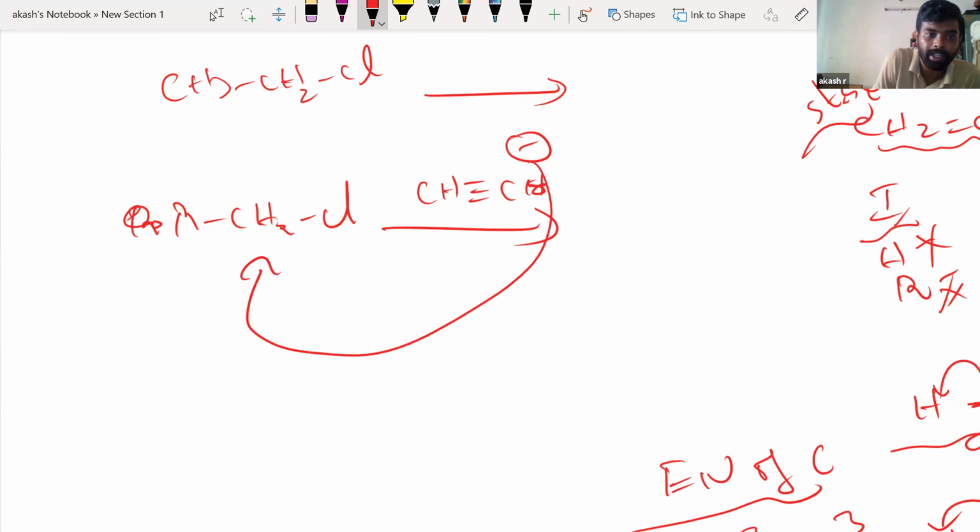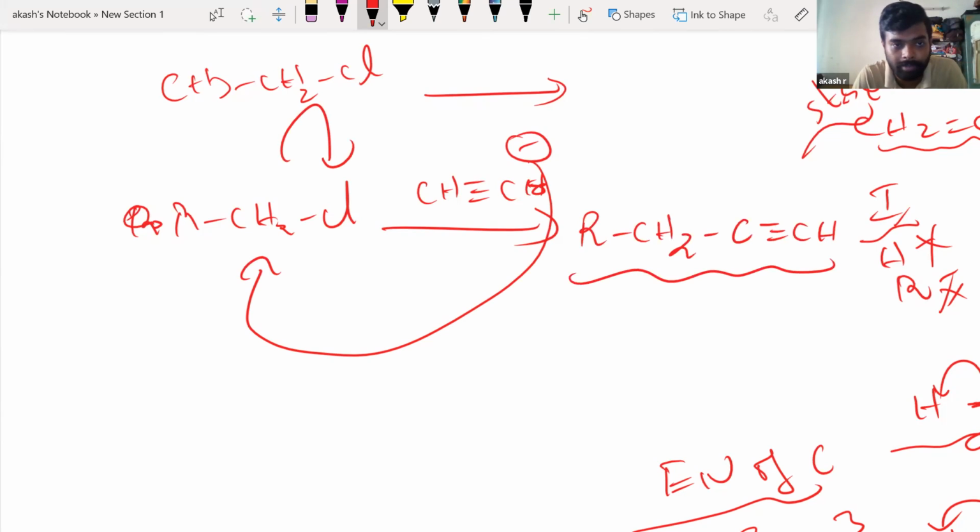This can come and attack here, and this can leave. So what will happen here? R CH2 C triple bond CH. This would have been the product. Very simple, right? I just have to replace this with the entire thing here. That is the exact reaction what they're asking there also.